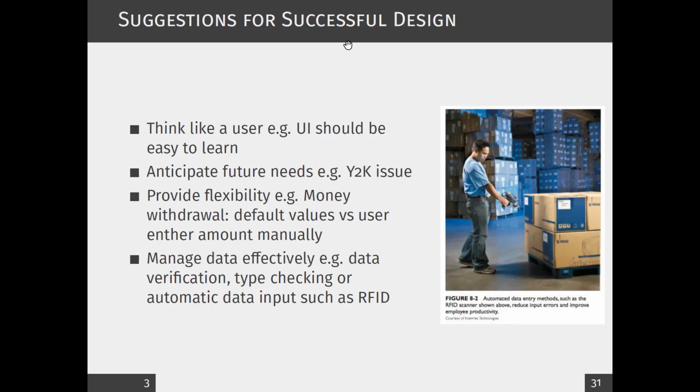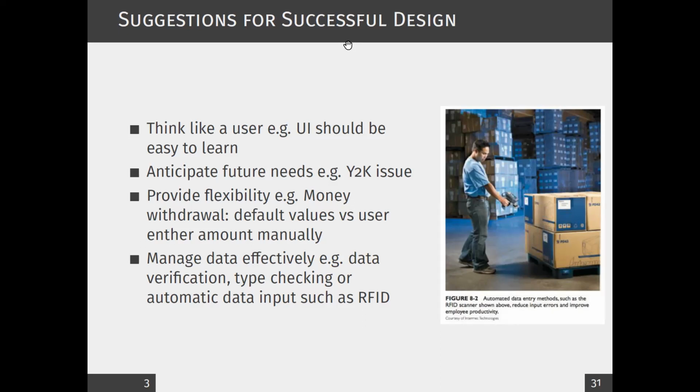And sometimes it provides some amounts as well, like 5,000, 10,000, 20,000, and so on. So the default values make it flexible, right? You can do it in a couple of seconds if you want to get money. So that provides you the flexibility. So you have to think, when you're designing a system, it's not just that you blankly design it. You have to provide flexibility as well, right? And manage data effectively.